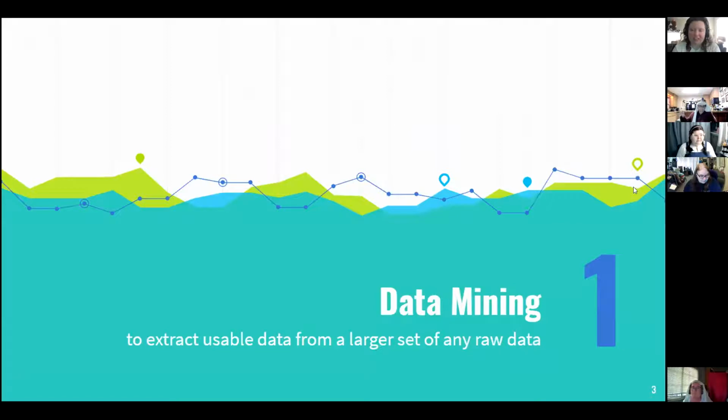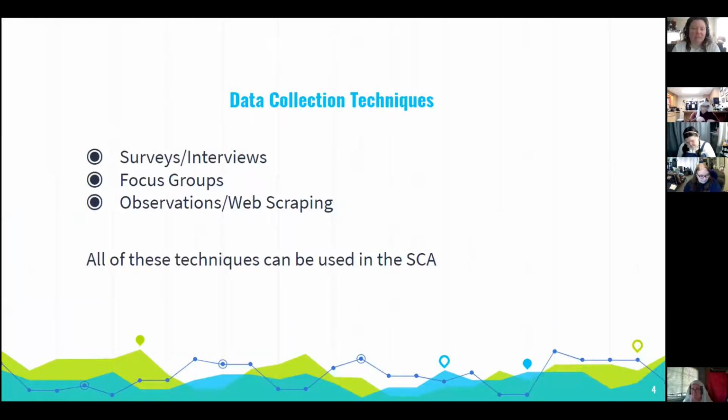So the first step for data is data mining. This is the use of extracting usable data from a larger set of any raw data. And in the SCA, specifically, there are 3 ways that you can collect data. There's your typical surveys or interviews.